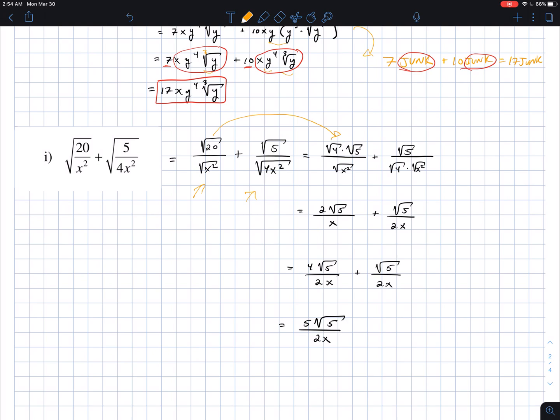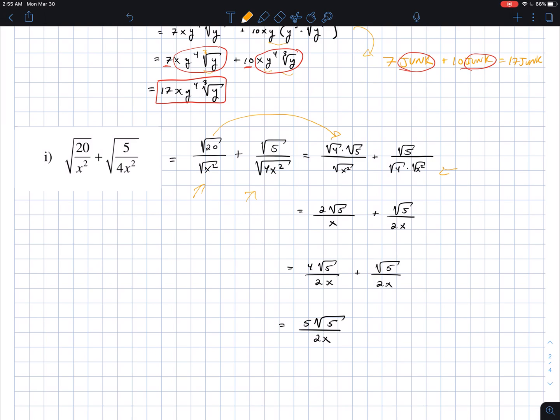We know the square root, 4 times 5 is 20, right? So the square root of 4 is what? 2. And the square root of 5 is square root of 5. We're not going to do anything with that part just yet, but then take a look. We separated the denominator here as the square root of 4 times the square root of x squared.